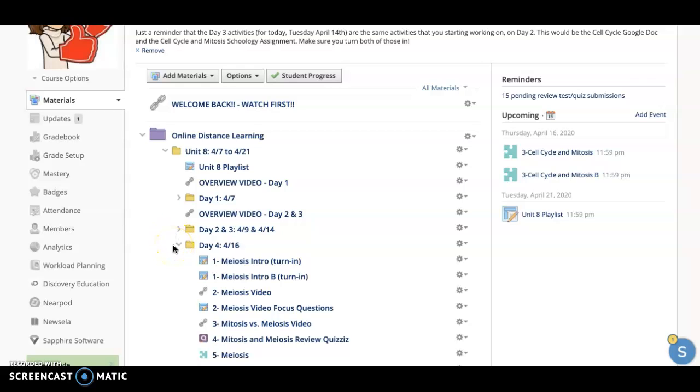This is meiosis, and this has to do with producing gametes, and gametes are sperm and egg cells. So we're making sperm and egg cells so that actual reproduction can occur, so that we can have unique cells to make more offspring. So the first thing that you're going to do is this meiosis intro.